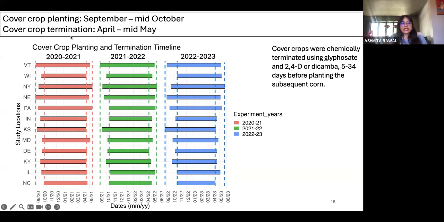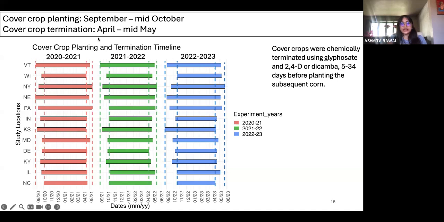Here cover crop planting ranged from September to mid-October, where you might notice Vermont, Nebraska, Kansas planted their cover crops in September, whereas sites like North Carolina, Delaware, Maryland planted later, in mid-October. And this was similar in all 3 years.